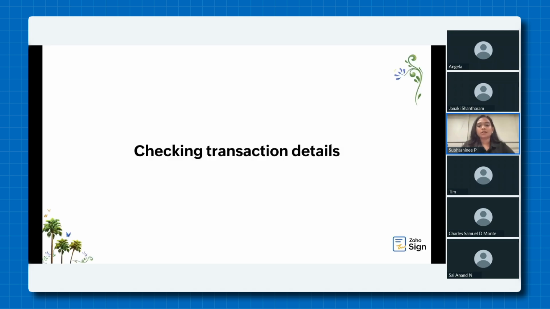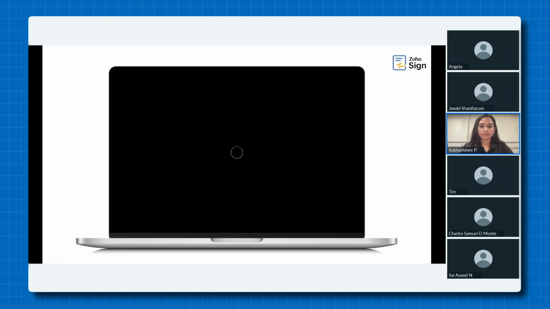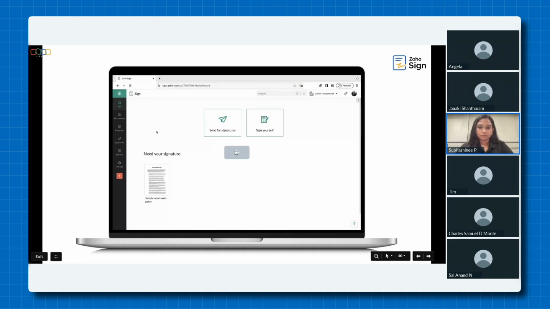Next, let's learn how to check transaction details of documents containing payment fields in Zoho Sign, as well as check the transaction details in Zoho Checkout. So as I said, you can check the transaction details in both Zoho Sign and Zoho Checkout.